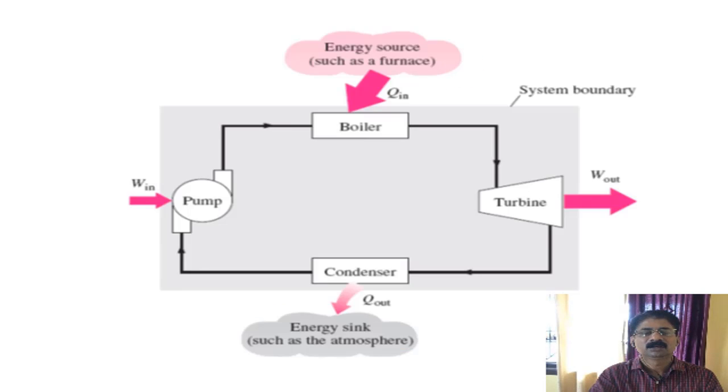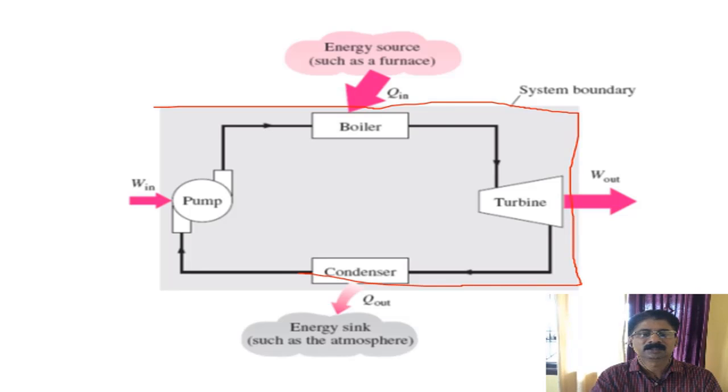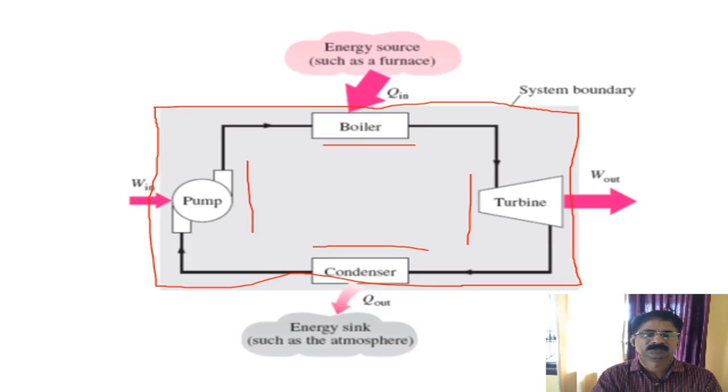Here we have one more example for that, the steam power plant. Here you see the shaded region. You can consider this as a heat engine, and it consists of four components as I told in the previous slide: boiler, turbine, condenser and the pump. The entire unit is taken as the heat engine, so it absorbs heat from the energy source or the high temperature reservoir.